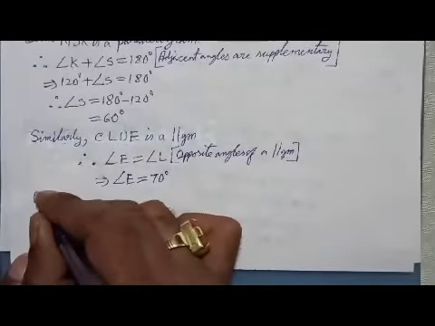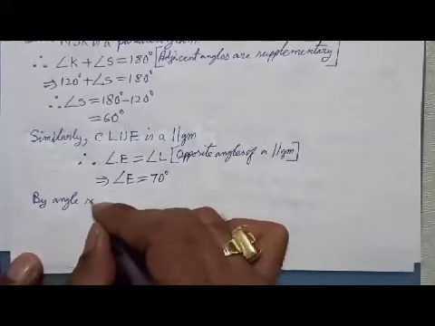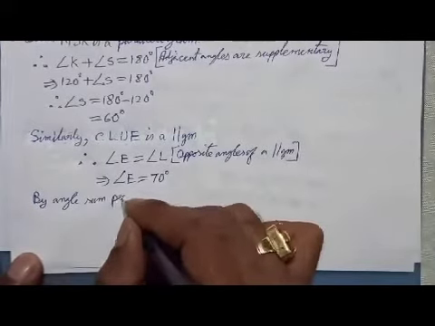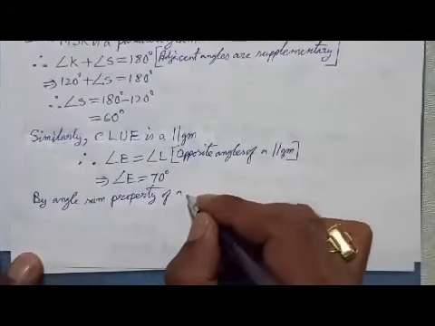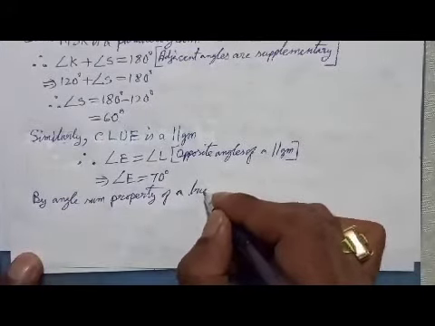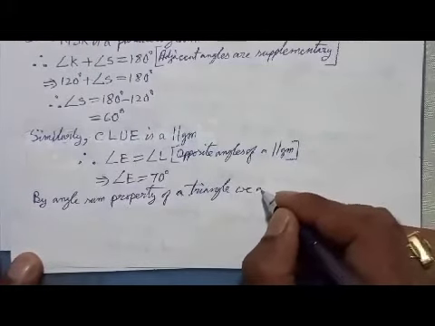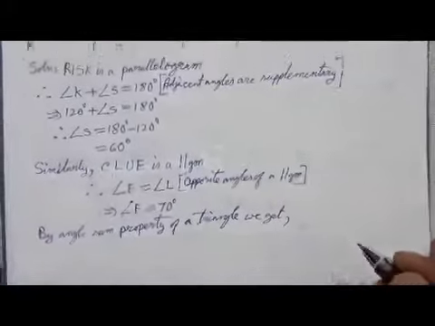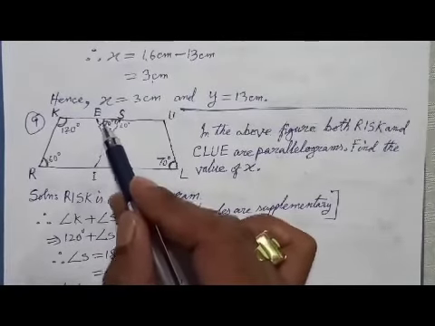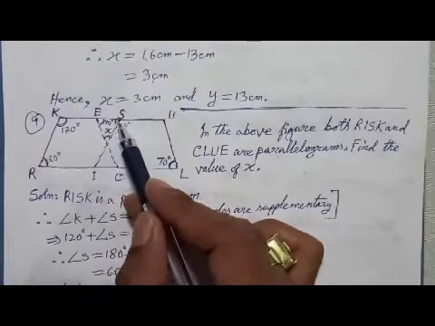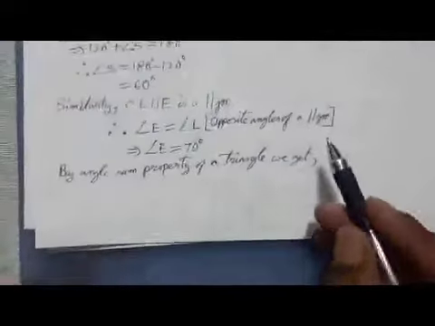Next, by angle sum property of a triangle, we get. In this triangle, this is x, this angle is E, and this angle is S. The sum of three angles of a triangle is 180 degree.